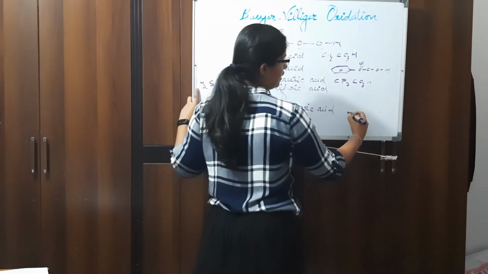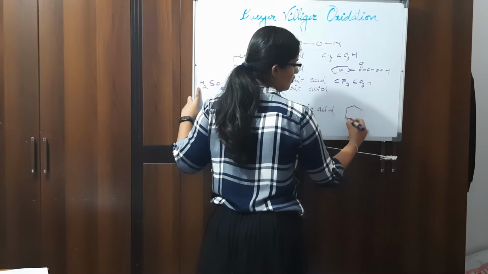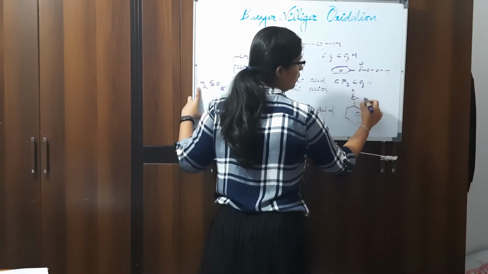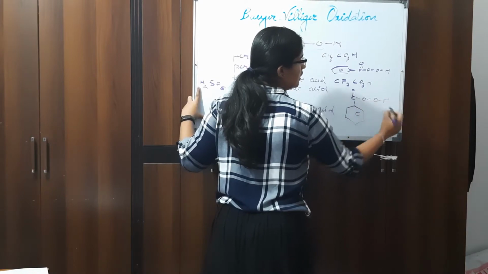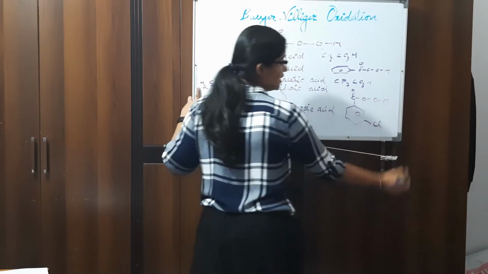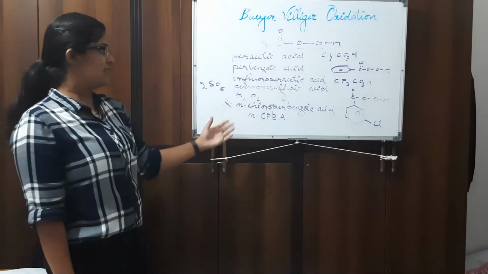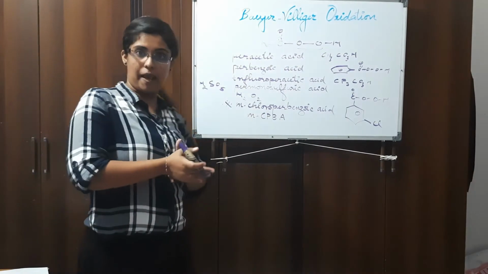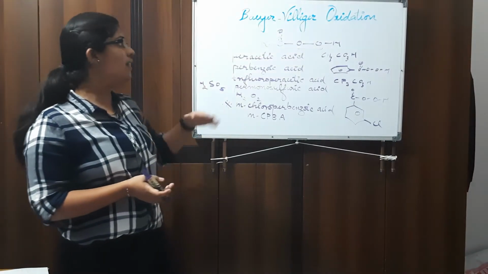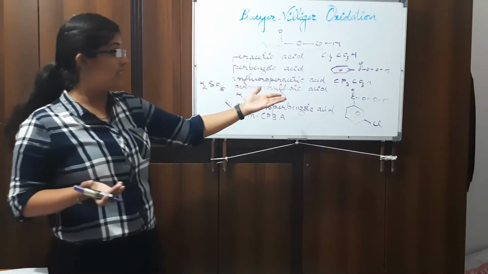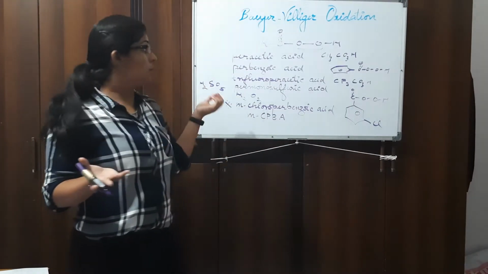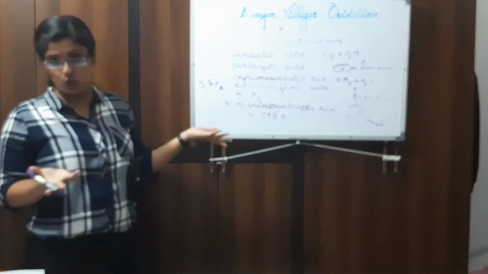So it's just that my benzene ring is there with C double bond O, OOH, and at the meta position I have my chlorine group also. It's like metachloroperbenzoic acid or MCPBA, and this is the most commercial one. Apart from that, we have peracetic acid, trifluoroperacetic acid, perbenzoic acid, or permonosulfuric acid, or H2O2.